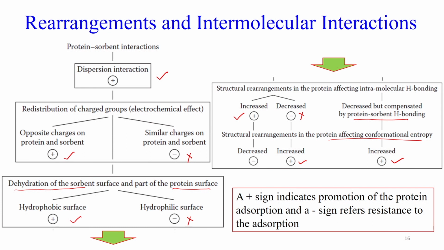If there are no conformational changes, then the adsorbed amount will be lesser as compared to the reoriented or conformationally adaptive cases. So, what we are seeing is that different intermolecular interactions are taking place, depending on the chemistry of the protein as well as the chemistry of the surface. The first step will be the van der Waals or dispersion interaction, which is irrespective of the surface chemistry.